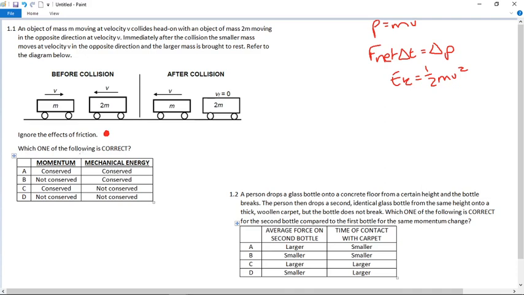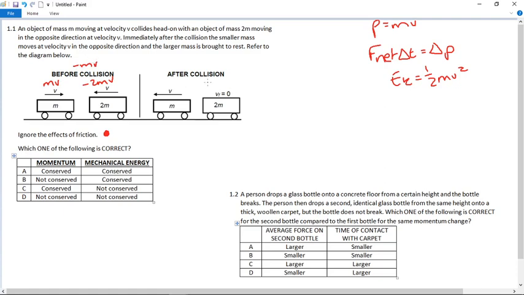We could check here by doing the maths. Okay, so this one is mv, and if we say this is to the right, this one is 2mv, but it's negative. So the total momentum here, if we add these two together, is mv minus 2mv, which is minus mv.